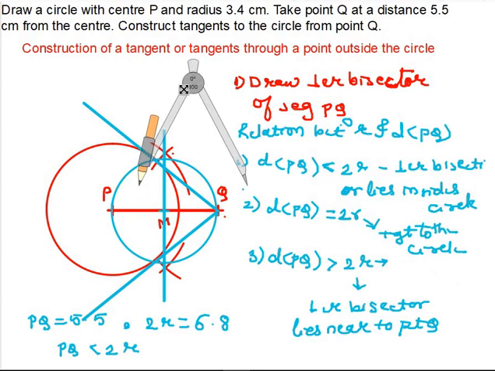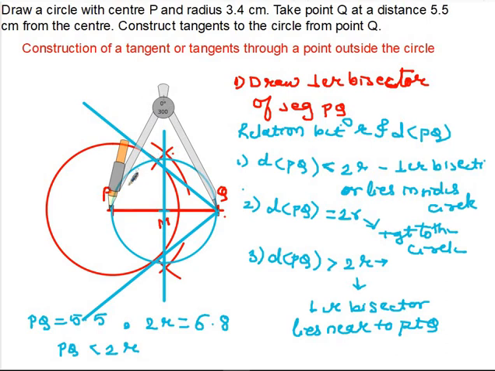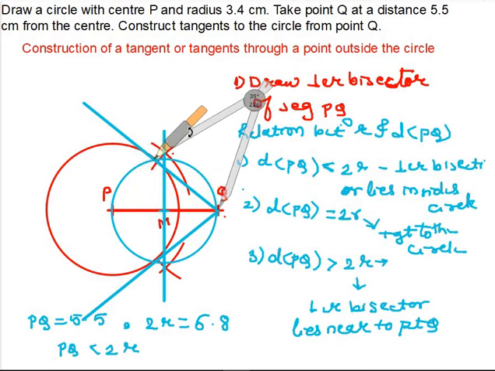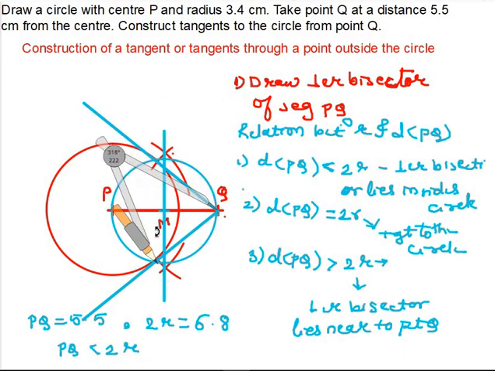In such a case, keep the steel point on the point Q, bring the compass near to this, a little bit near, and you can see that both the distances are equal here.